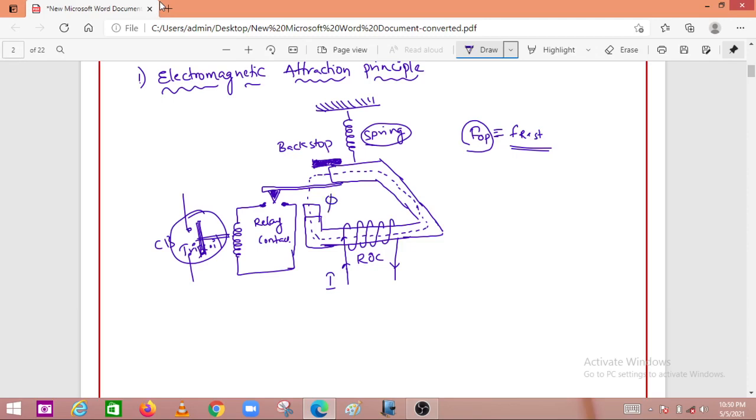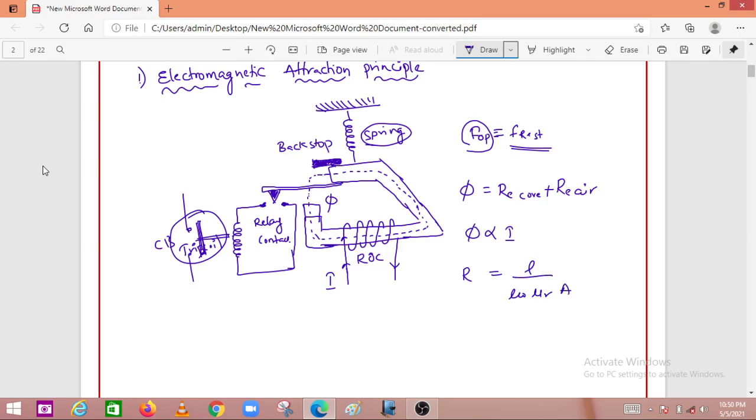This is flux phi, and this flux phi has to flow through the reluctance of the core as well as the reluctance of the air. So this is the air and this is the core, both reluctances it has to flow through. We know that the flux is directly proportional to the current. The reluctance formula is length divided by mu naught into mu r into area.